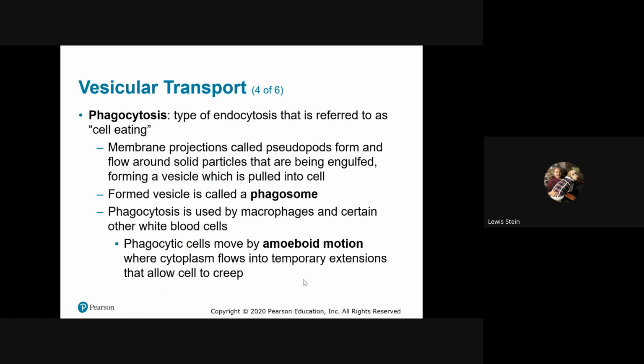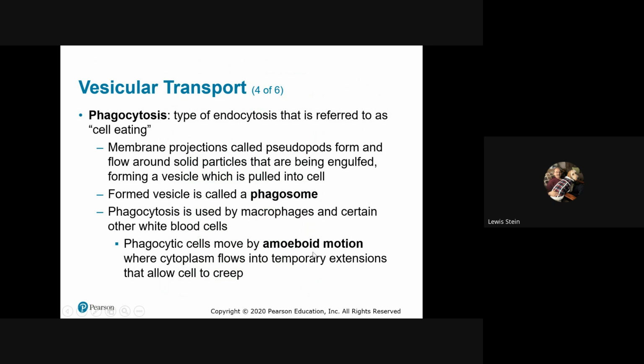And that membrane that's surrounding it becomes effectively the membrane of the vesicle that's there. And so the vesicle is then called a phagosome because it gobbles something up. And this is a classic way your white blood cells work. Very much so macrophages, which is sort of your body's garbage disposal system. You know, they travel along and find debris and gobble it up and get rid of it.